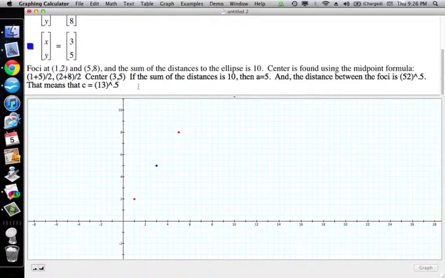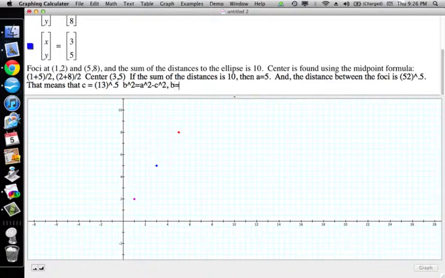Okay, now b squared is equal to a squared minus c squared.